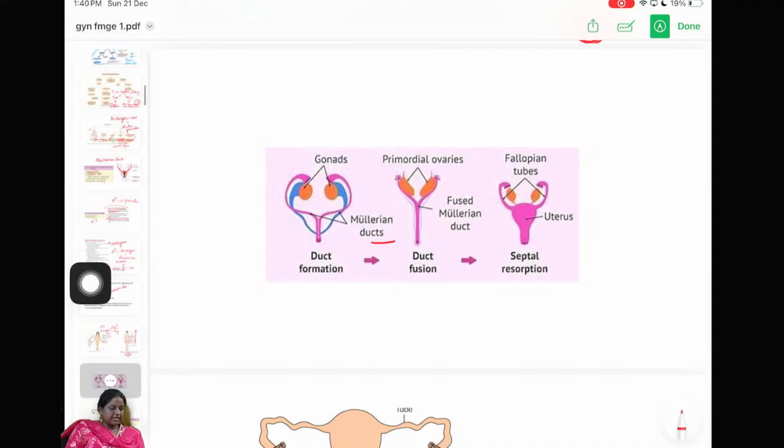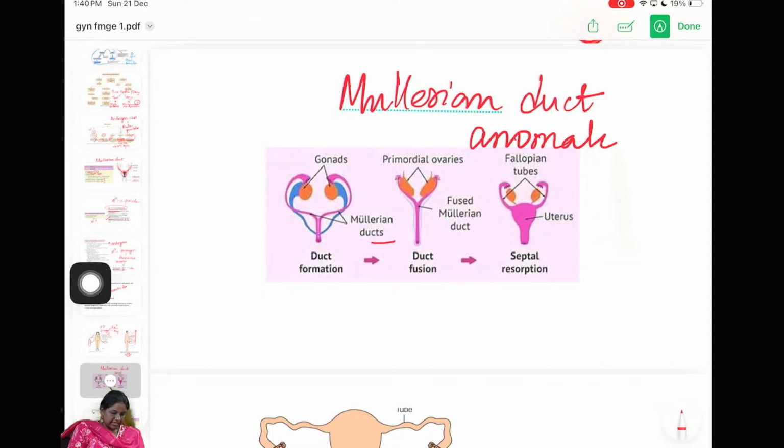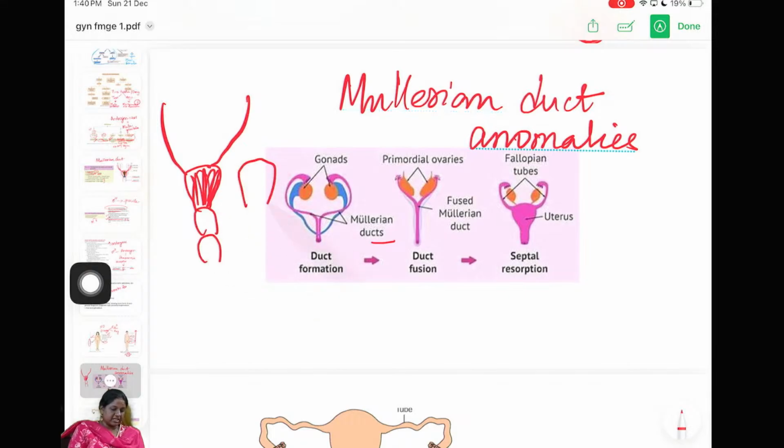So this is regarding the sexual development. Now the problems of Mullerian duct development. As I already said, two Mullerian ducts come together and fuse in between to form the uterus. A Mullerian tubercle and urogenital sinus will form the vagina.